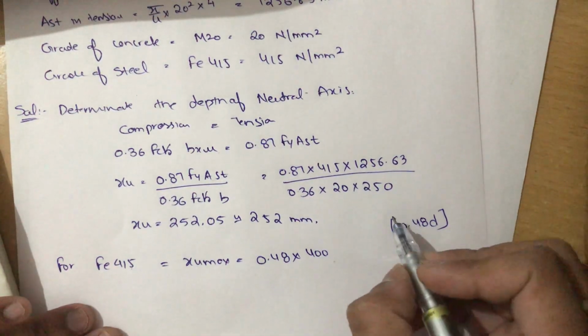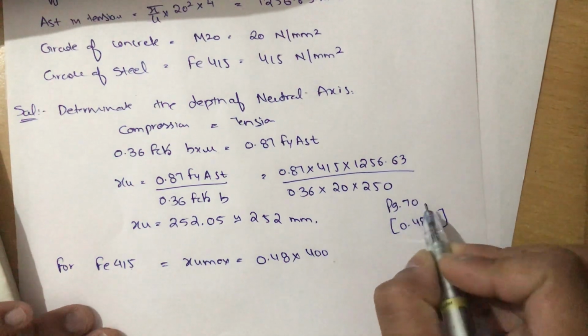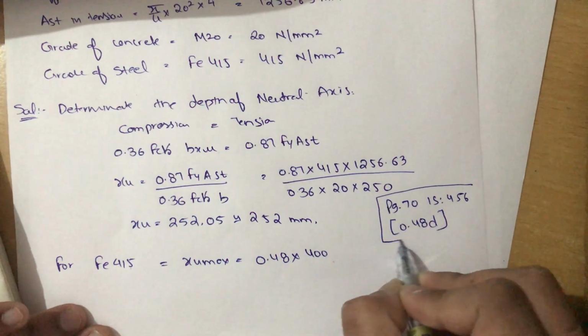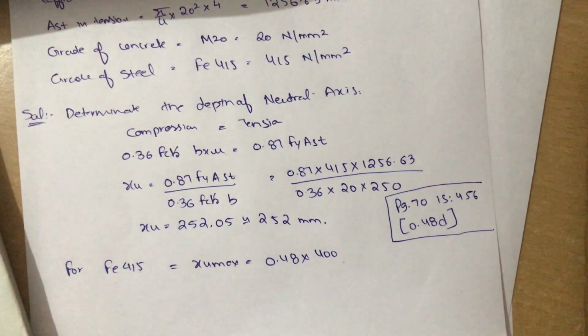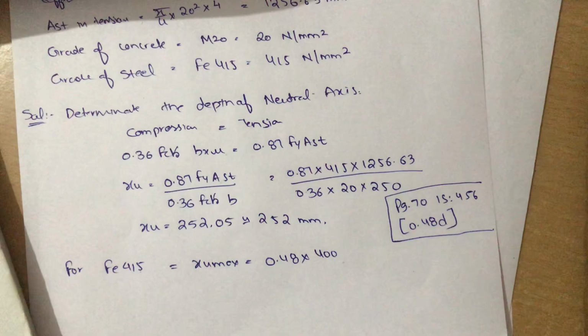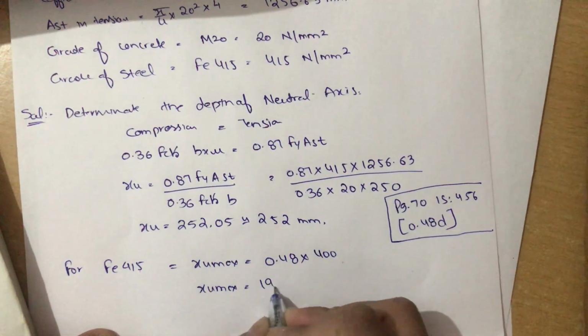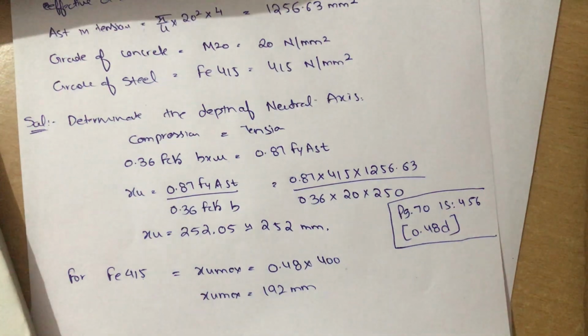This value is on page number 70, IS 456. So now compute 0.48 into 400. xu maximum is equal to 192 mm.